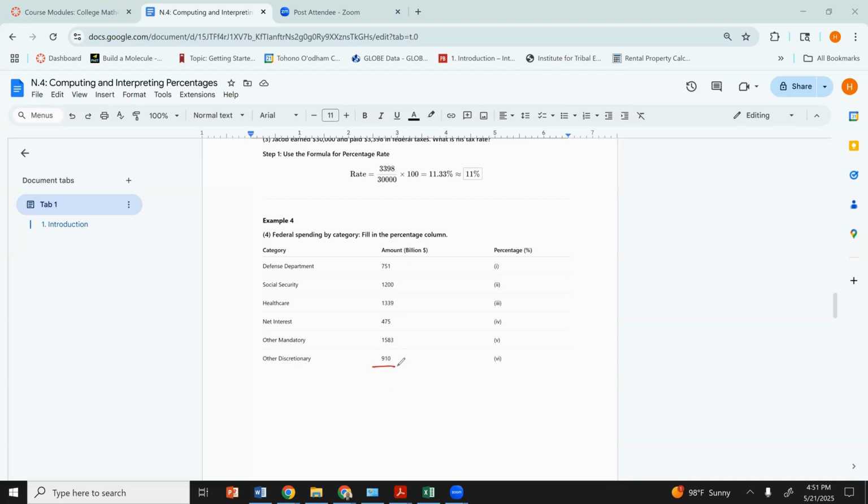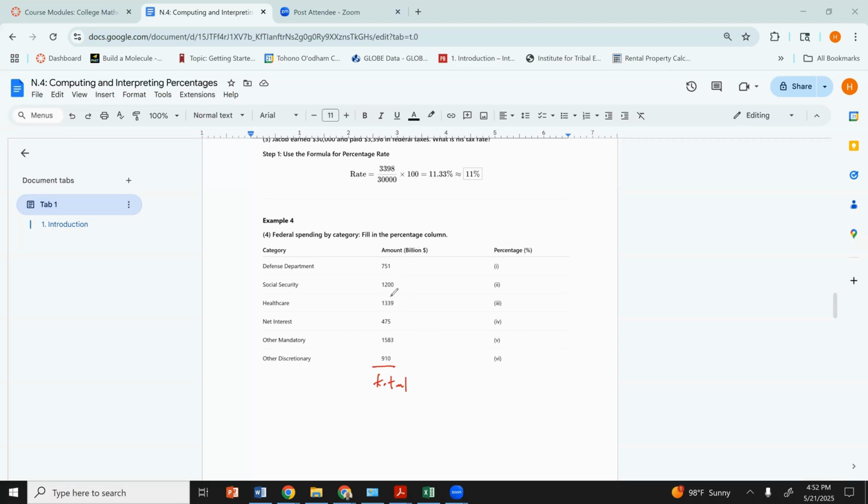And now that's going to be a total. So to figure out the percentage of each of these categories, we are going to use the total here. So let's say here, all the numbers here in billions.